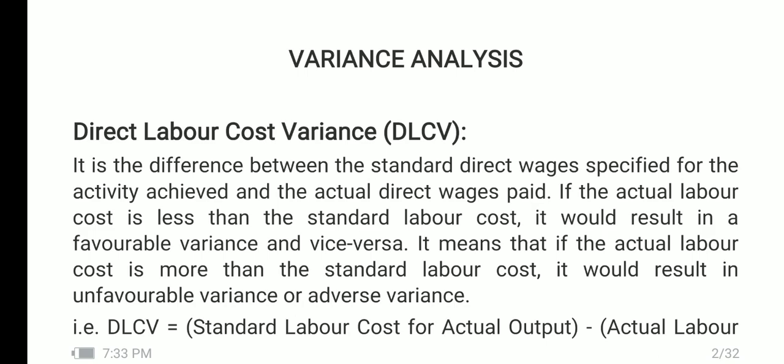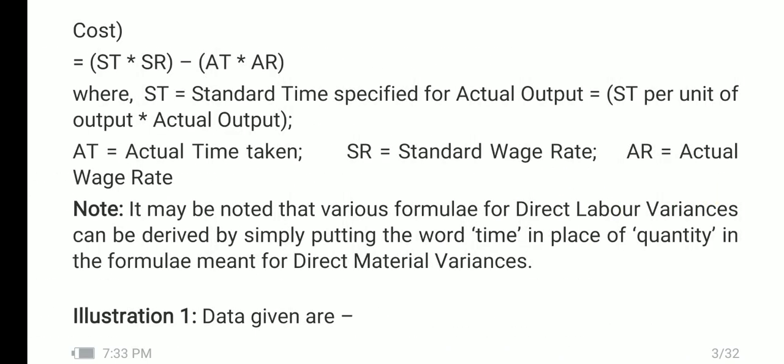In the form of an equation, it can be presented. DLCV is equal to standard labor cost for actual output minus actual labor cost. Remember, here standard labor cost in the sense of standard labor cost which is for actual output, that should be kept in view.